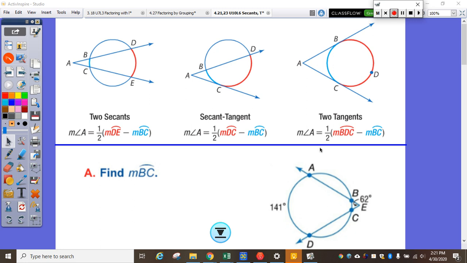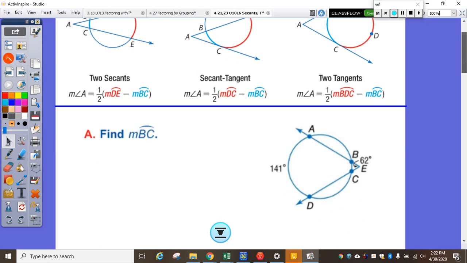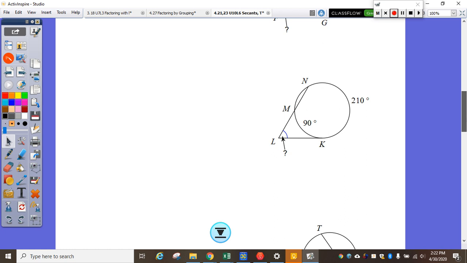So anyways, again, we're doing the larger arc minus the smaller arc divided by 2. So let's look at an example here, and we're going to take a simple example first. So let's come down here to this example. All right, so if I'm looking at this example right here, and I see that my intersection is outside of the circle, in order to find this angle right here, I'm going to take my larger arc, which is going to be 210, minus the smaller arc, which is going to be 90.